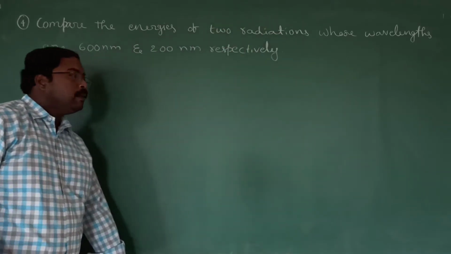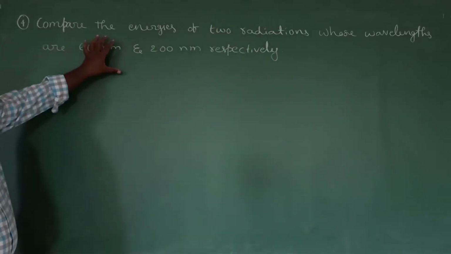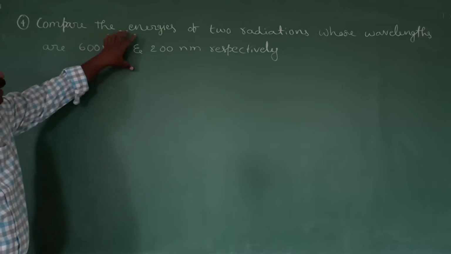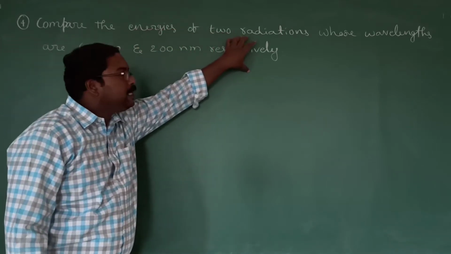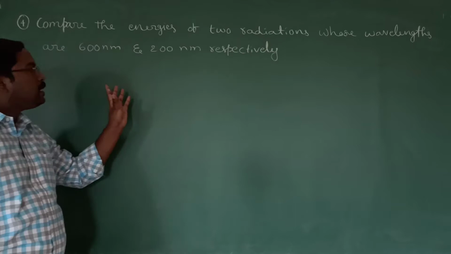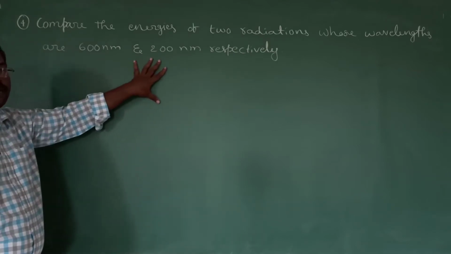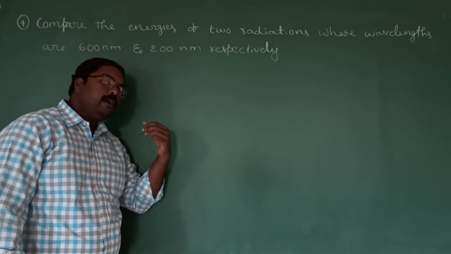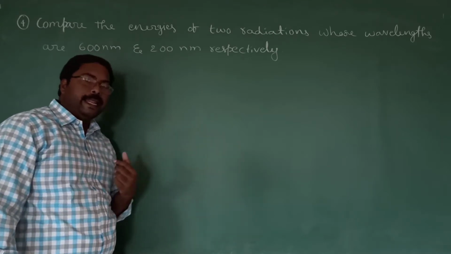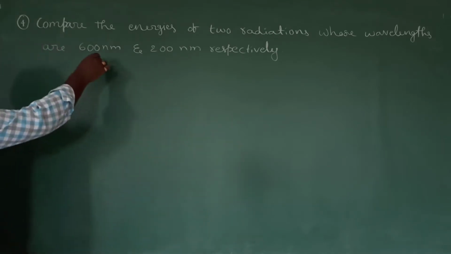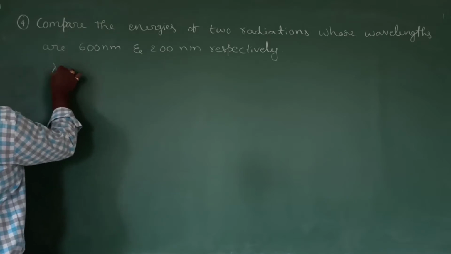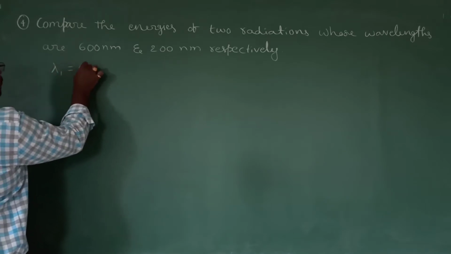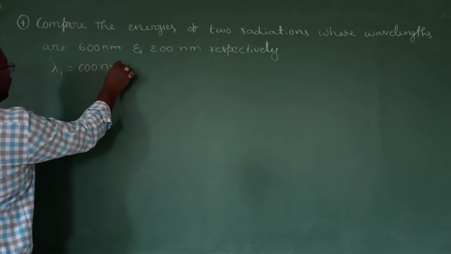Okay? Now let's look at the question. They are asking us to compare the energies of the two radiations whose wavelengths are this much. So we have two radiations of two different wavelengths. Now we need to compare their energies. The wavelength of the first radiation I am taking as lambda 1.